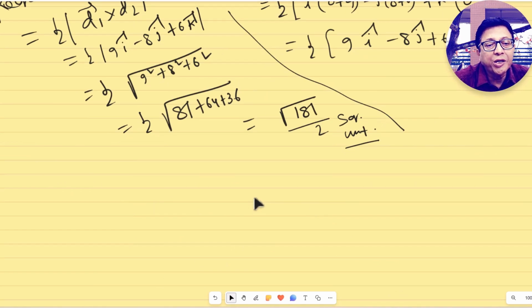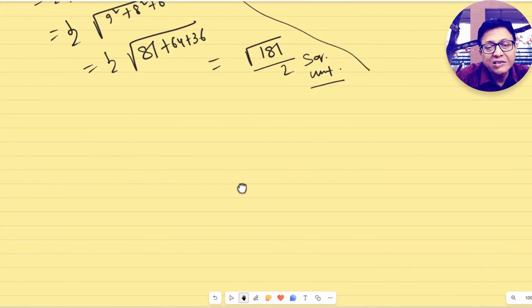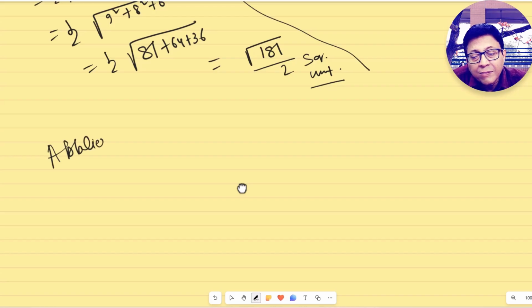So this is going to be half into root over 9 square plus 8 square plus 6 square, 81, 64, 36. Root 181 by 2. Clear? Hope you have understood. This much square unit is the area of the parallelogram whose diagonals are given.